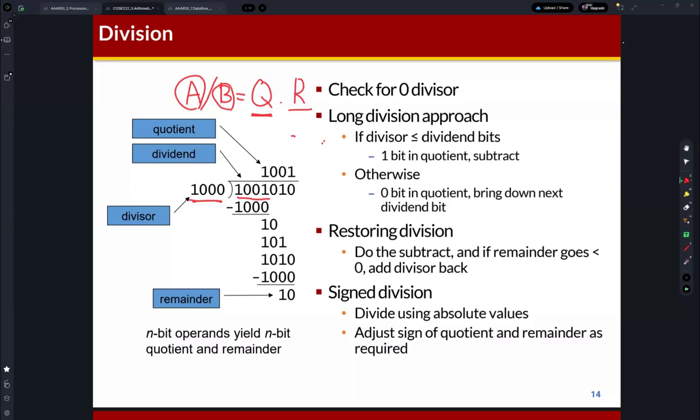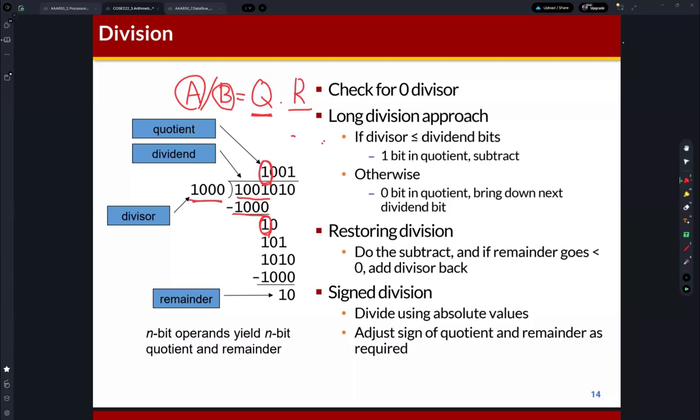If the dividend is larger than the divisor, then the quotient 1 is generated. Then what's the next step? We subtract the divisor 1000 from the dividend, and then this number is generated.